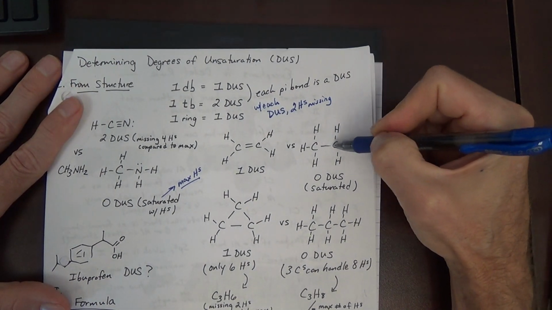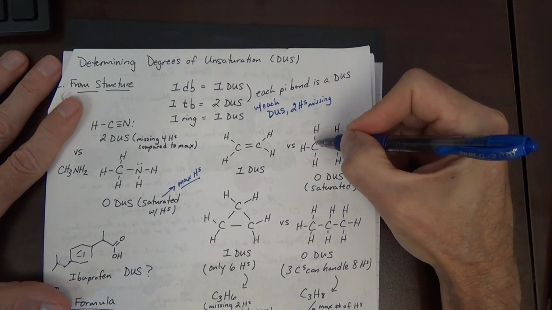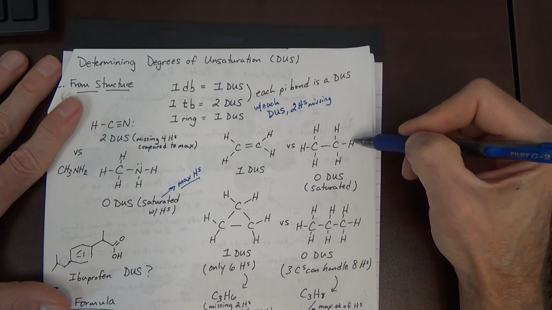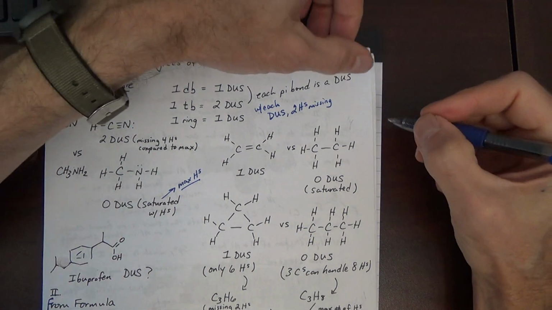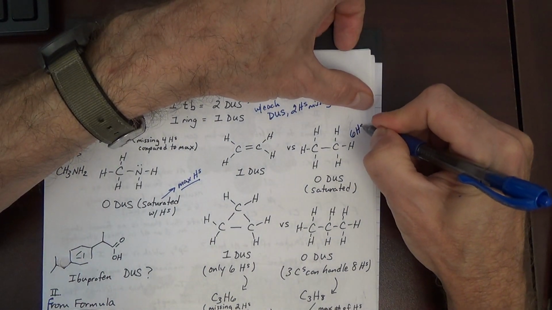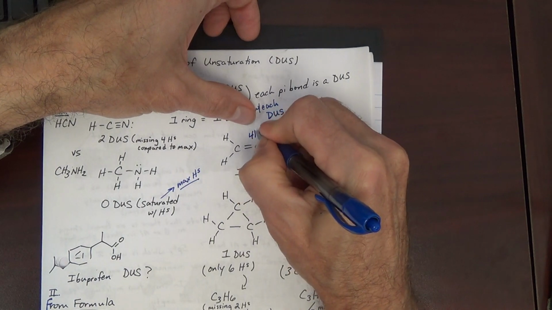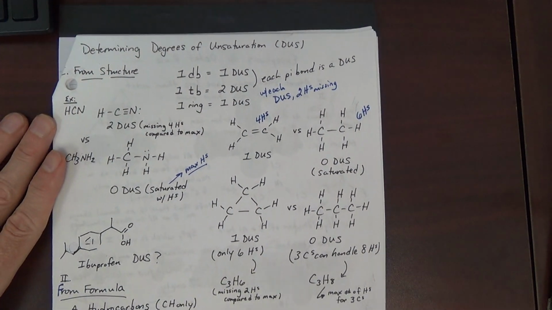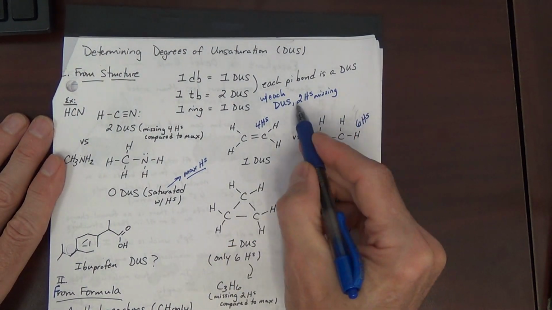If instead of having a double bond between the carbons, we completed the valencies of carbon with just H's all around, we would have 3 H's on this carbon and 3 H's there, and that would be a total of 6 H's, but this is only 4. It's missing 2. Well, we knew that because every DUS means it's missing 2 H's.